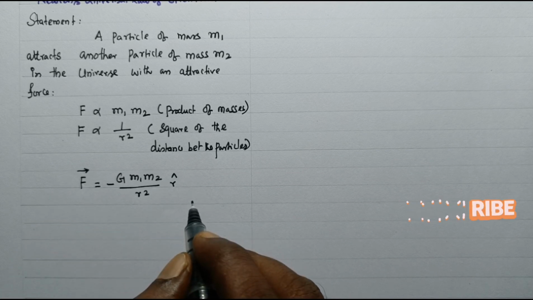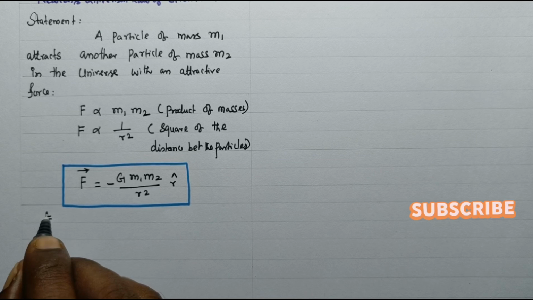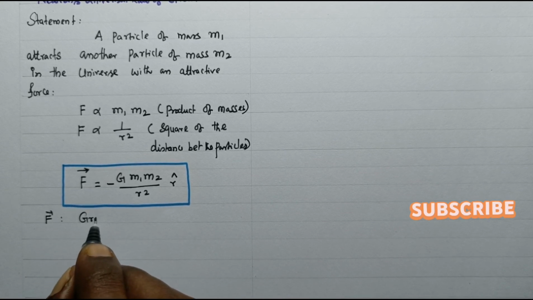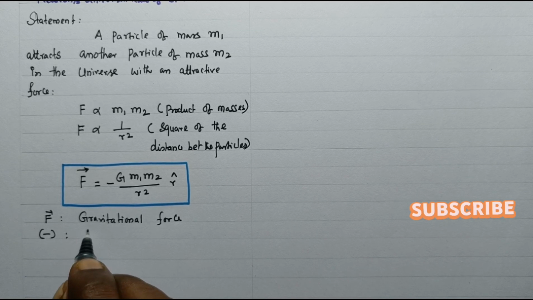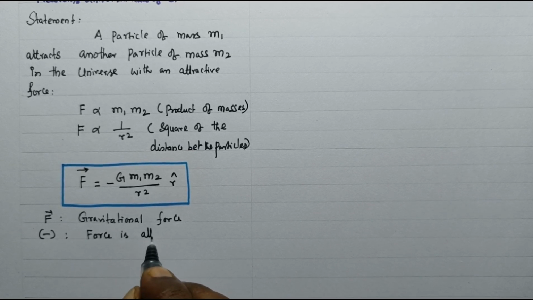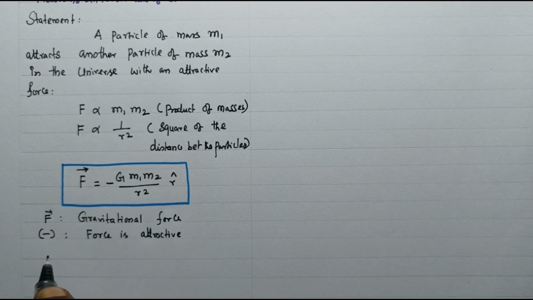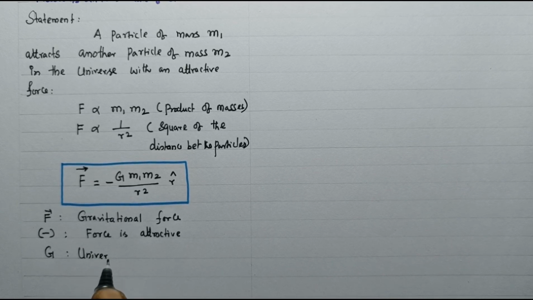This is the expression for the gravitational force. Here F is the gravitational force. The negative sign indicates the gravitational force is attractive. Next, G is a constant. This constant is known as the universal gravitational constant.